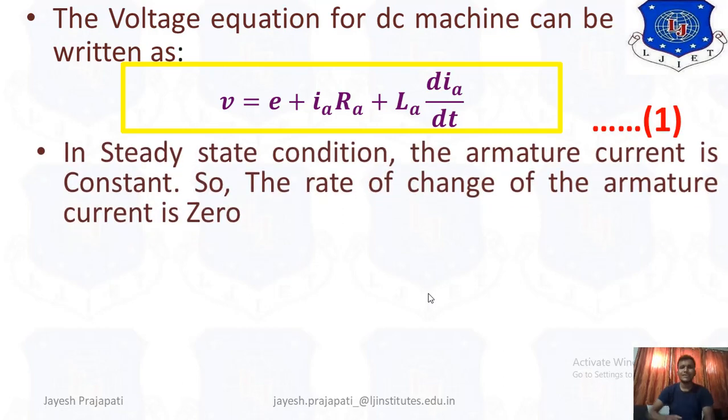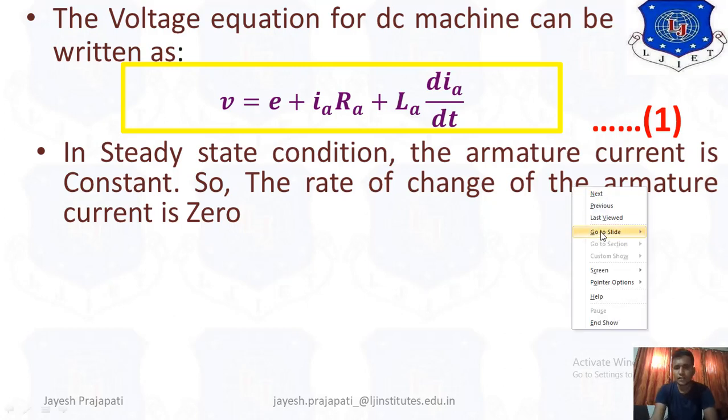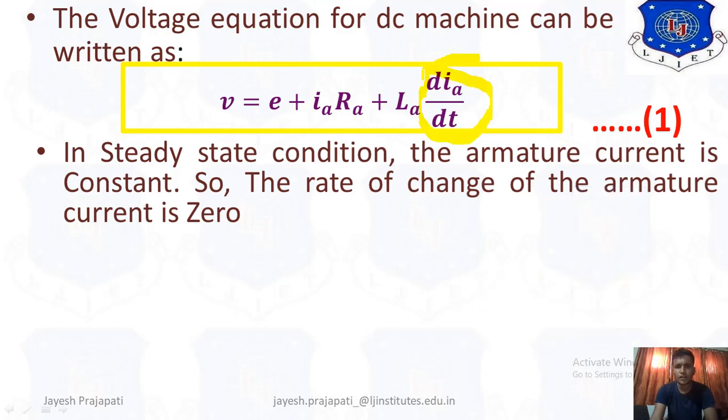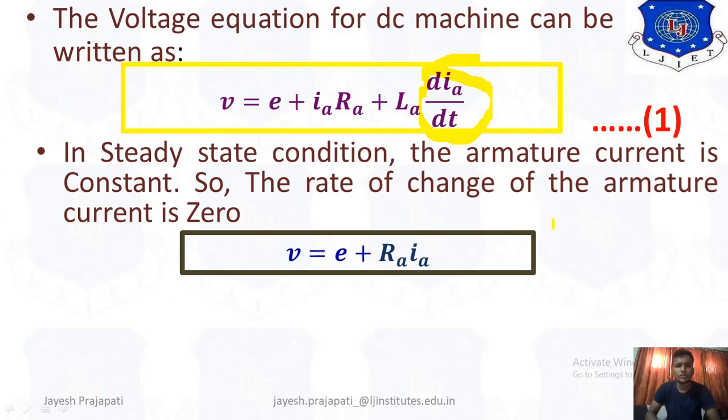Now in steady state condition, the armature current is constant, so the rate of change of armature current, dIa by dt, is 0. So the equation becomes V is equal to E plus Ra into Ia. Take this as equation number 2.